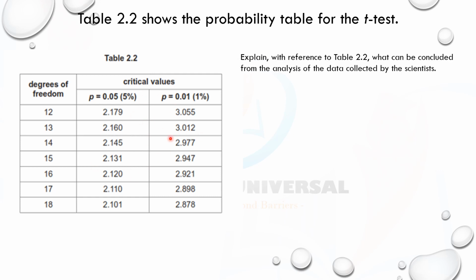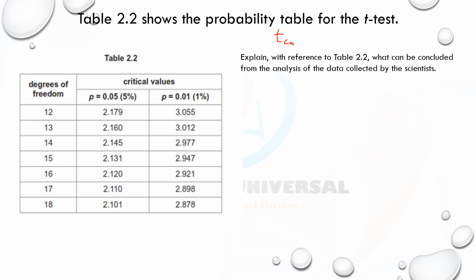Now explain with reference to table 2.2 what can be concluded from the analysis of data collected by the scientists. Guys, remember how we roll: it's the same for t-test or chi-square test. t-cal is the calculated value, which is 9 point something there.